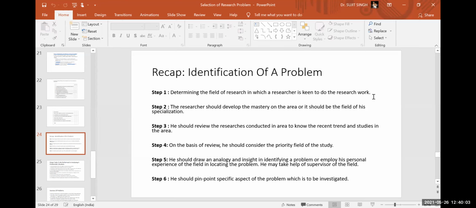Related to manufacturing, it can be process based, dealing with EDM, CNC or machining, turning, milling, drilling, material testing, developing a new product, designing a new product. Your research problem will be like that.